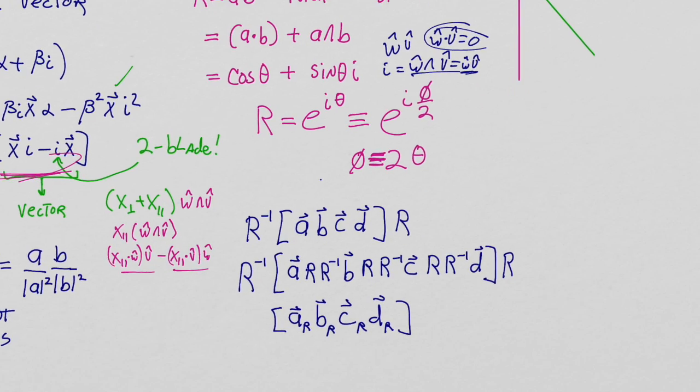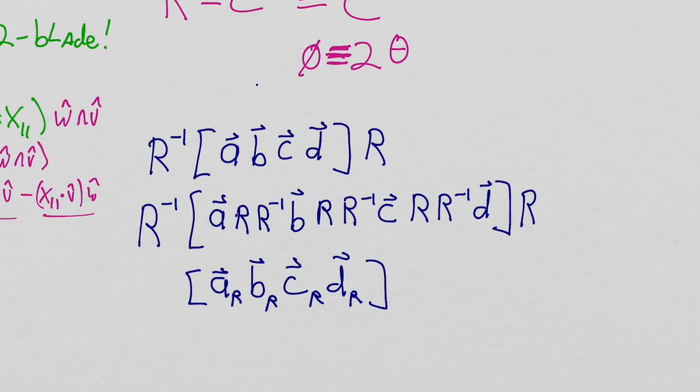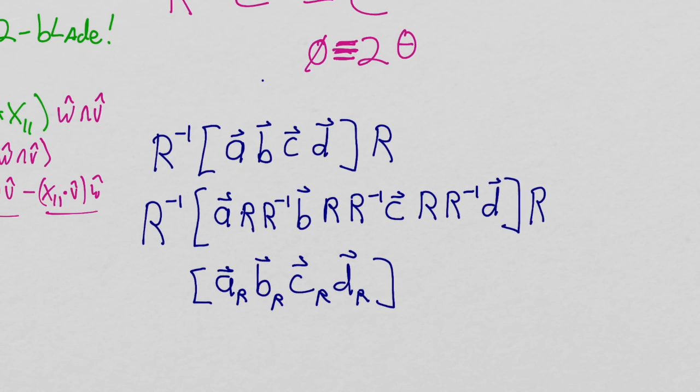And this to me is almost a big selling point for geometric algebra. Say I took the geometric product of a whole bunch of vectors, A, B, C, and D. Now every K-blade is basically a sum of objects that look like this.